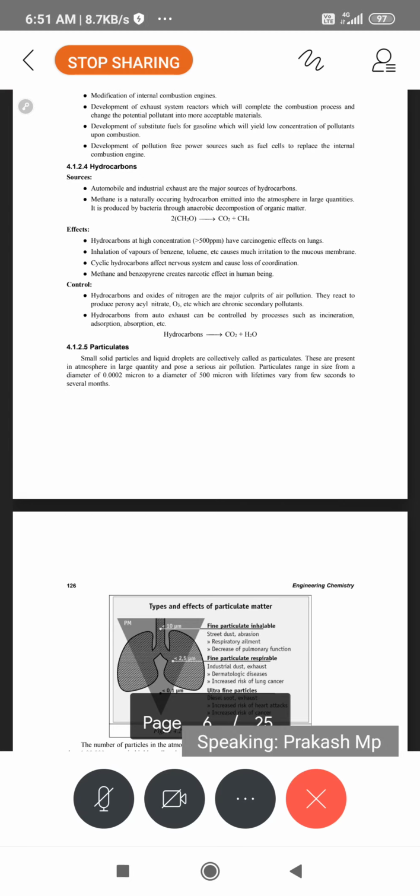This is carcinogenic, so it can cause cancer, and it is also irritative. Irritative means it enters our nose, eyes, throat and lungs.